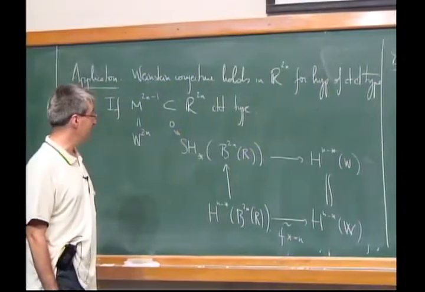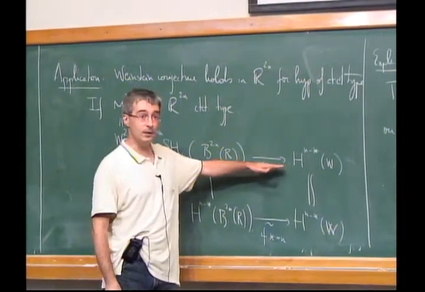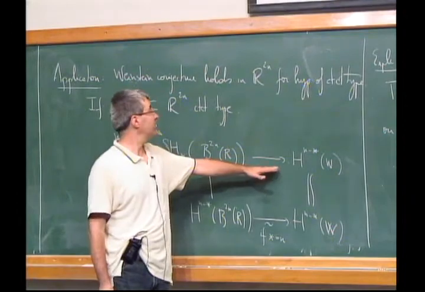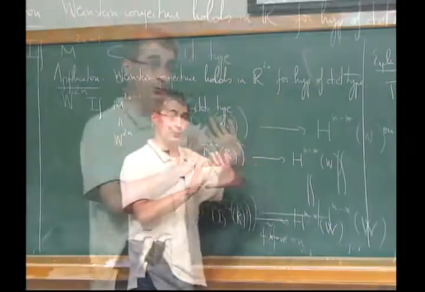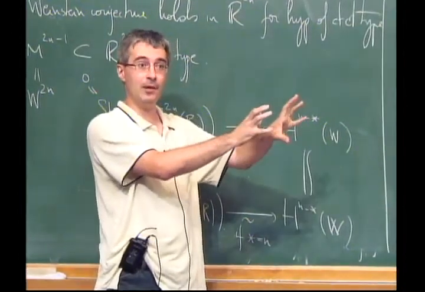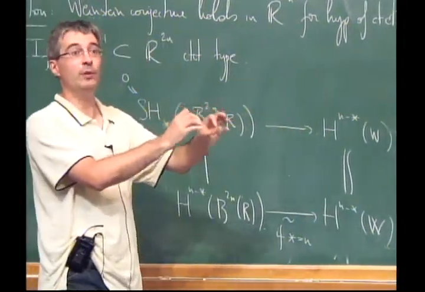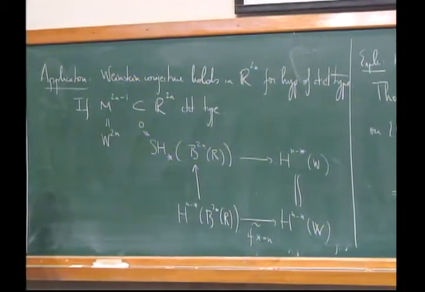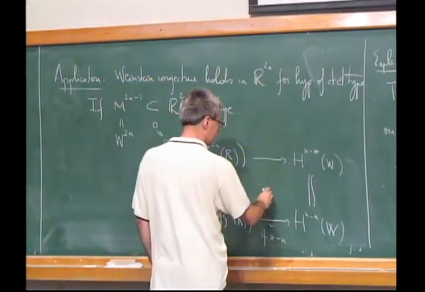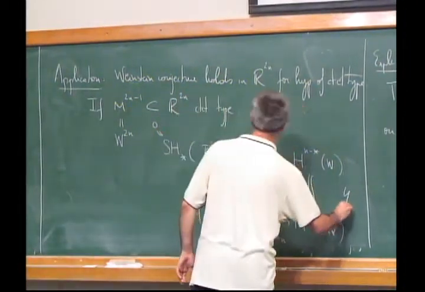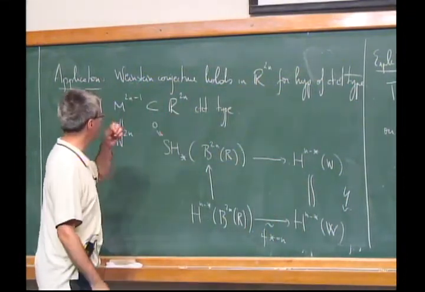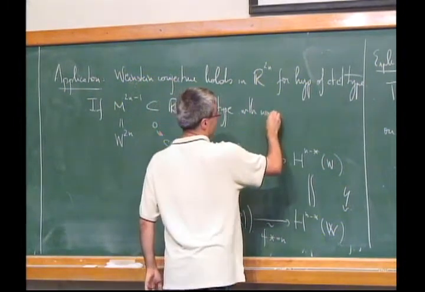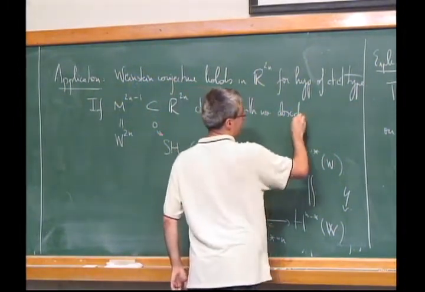I've said that this map is constructed, is defined, even if you are restricted to contact type, so exact inclusion, or if you don't have any closed characteristic. Okay? So that's a contradiction, and this proves that this assumption of having no closed characteristics fails.